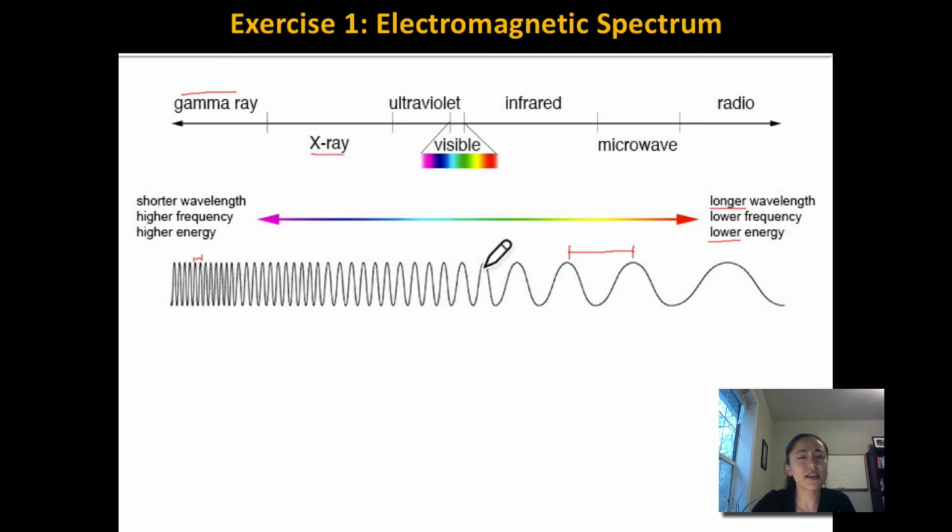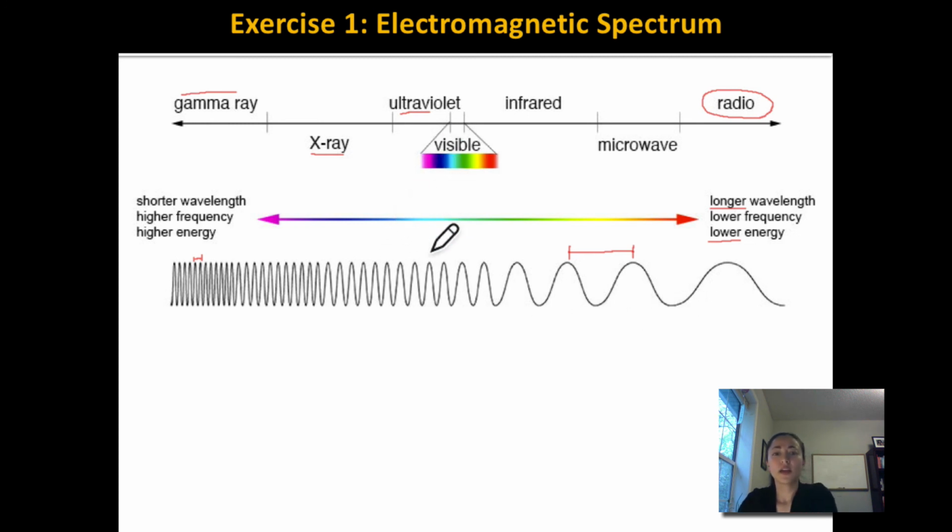This kind of makes sense, right? You don't want a lot of gamma rays or X-rays going through your body, or even ultraviolet light. Because of the amount of energy these forms of electromagnetic energy have, they can damage your cells. However, we constantly have radio waves going through our body, and they don't affect our body because they have a relatively low amount of energy.